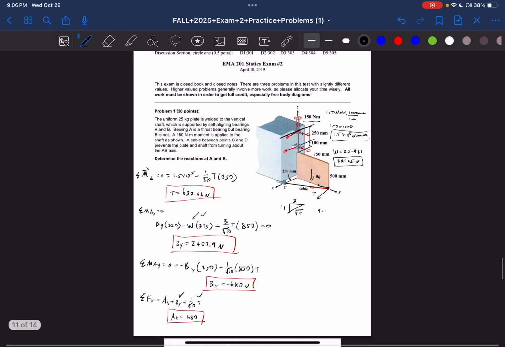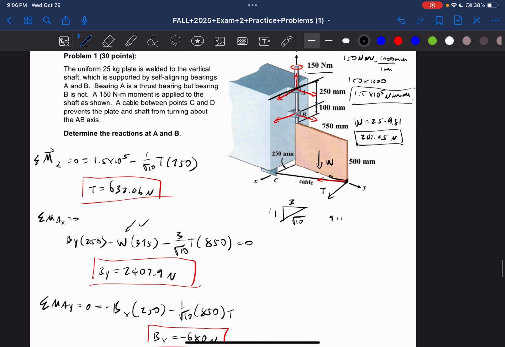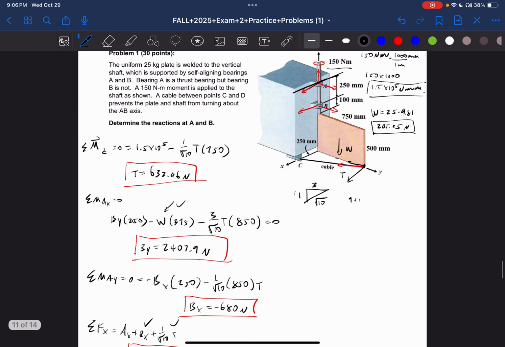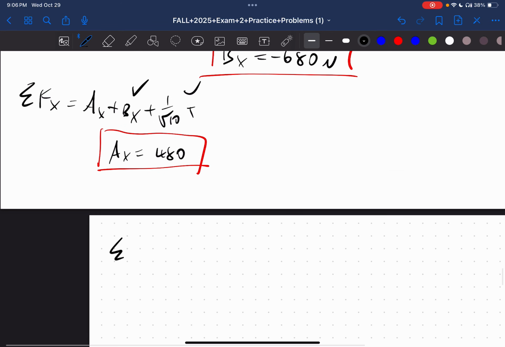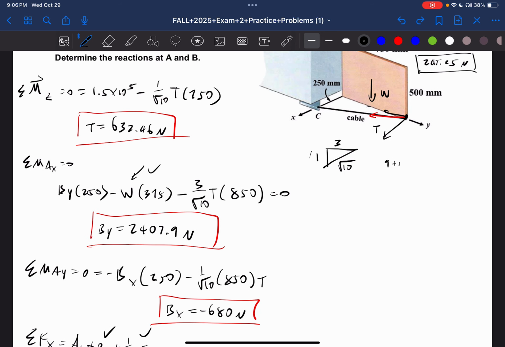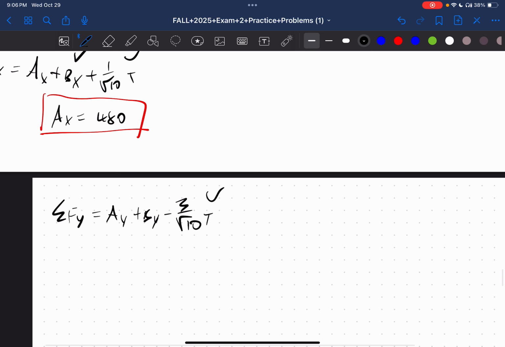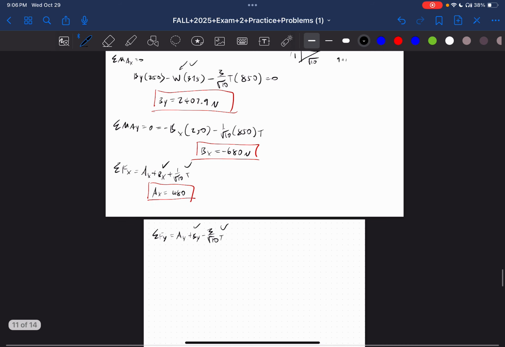Okay, the sum of the forces in the y direction, we have a By. We have this. This is known, so we can solve for Ay now. So the sum of the forces in the y direction is going to be equal to Ay plus By plus, okay, this is going to be minus because this is going this way, and it's going to be 3 over square root of 10 T. This is known, we can solve for Ay.